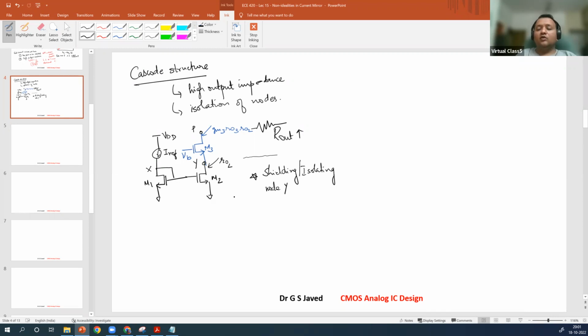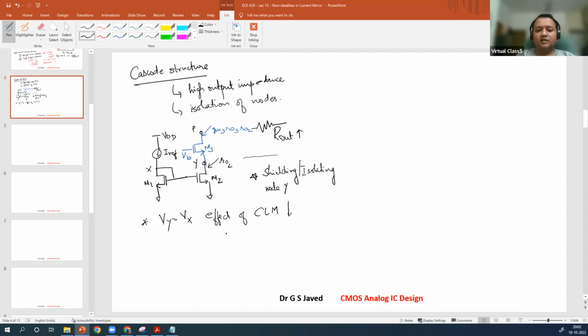Okay. Now next trick you have to use, through some technique, make Vy equal to Vx. What happens? Then the effect of channel length modulation will get reduced.